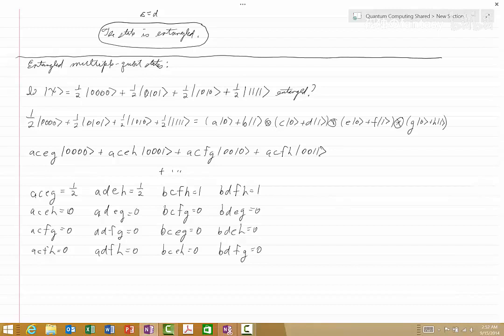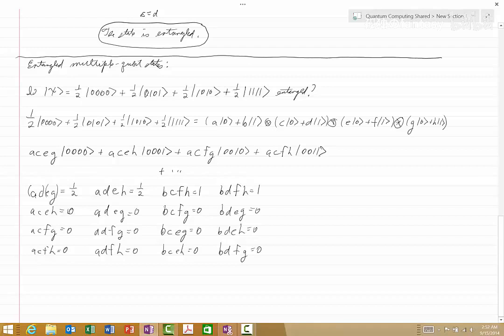So now if we look a little more carefully, notice right away we can see that this is impossible, because if we look at these two equations right here, these two equations have AC in common. In other words, we could regard this first equation as being AC times EG is 1/2, and that shows that AC cannot possibly be 0.